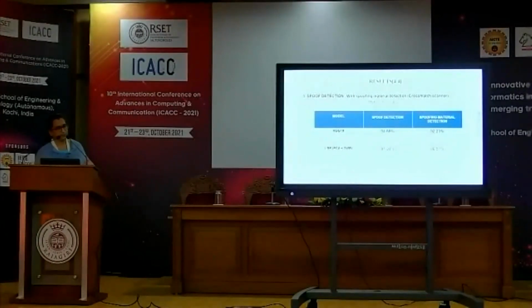I was just having some queries. What was the actual output size from the particular fingerprint scanners? Output size was of different sizes because it was not 300 by 300. Some were 300 by 300, some were more than that, some were enlarged. All those data sets were differently done. So you were normalizing that to 300 by 300.